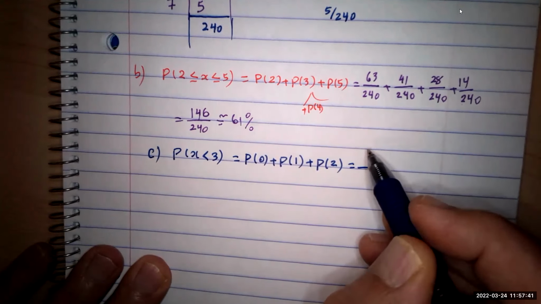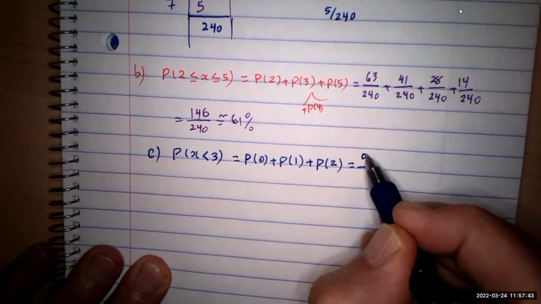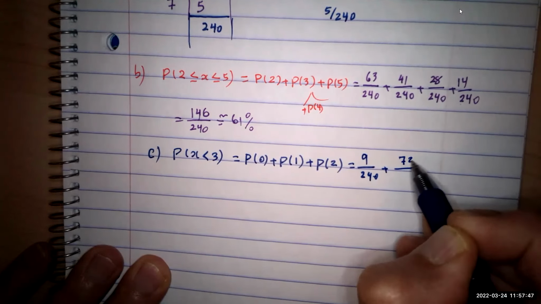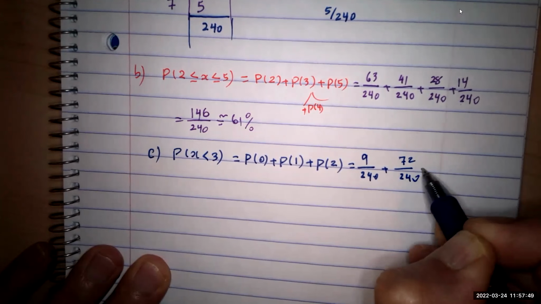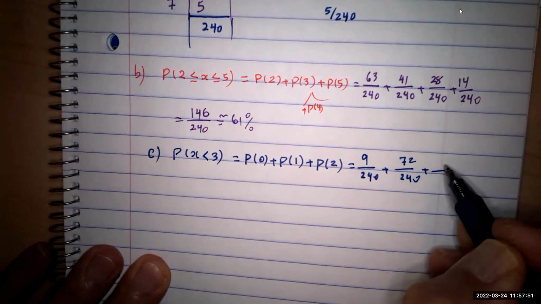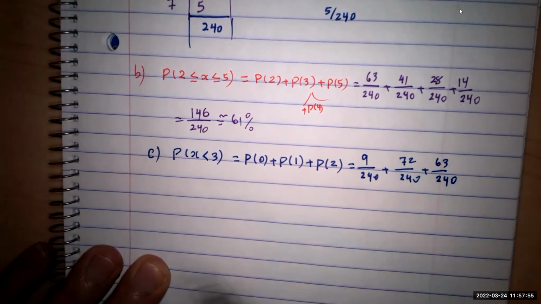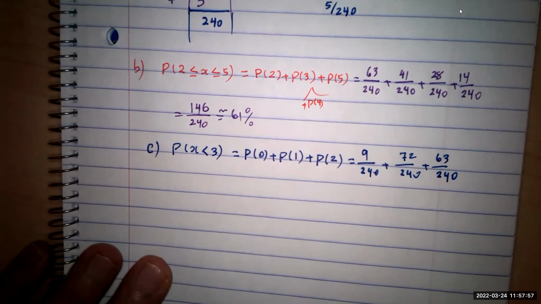Okay, P of 0 is 9 over 240. P of 1, 72 over 240. Okay, 63 over 240. And you add these numbers and that gives you the final results.